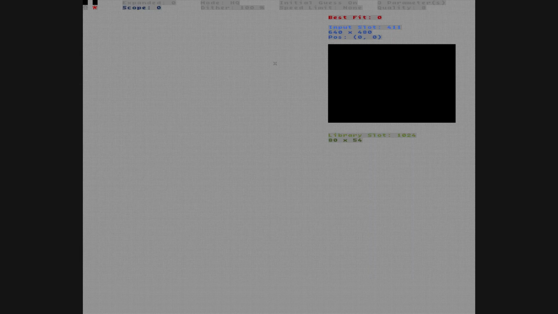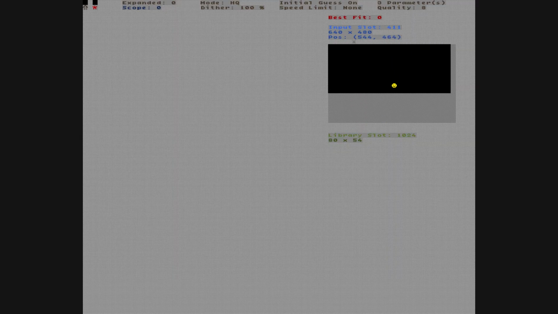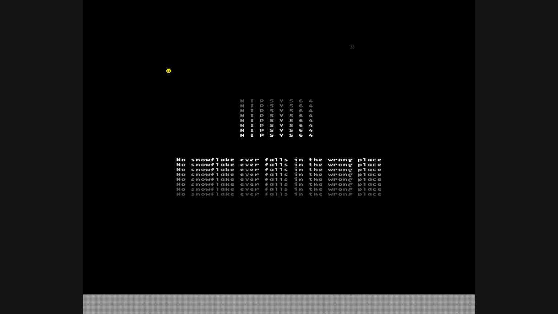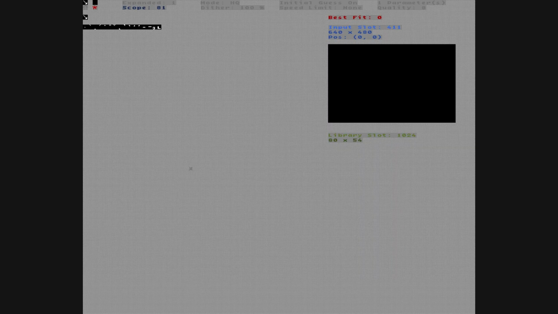Also, there's a 3 parameter mode and 1 parameter that is monochrome mode. It doesn't process color, and tries to imitate color by characters. This is the result, and the linear picture is like that.